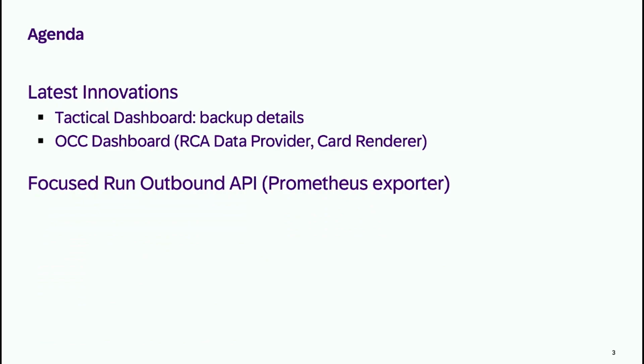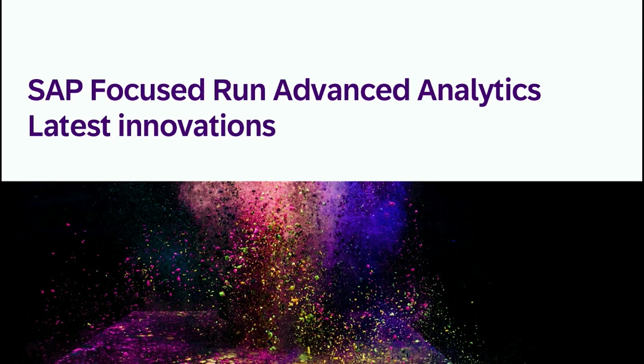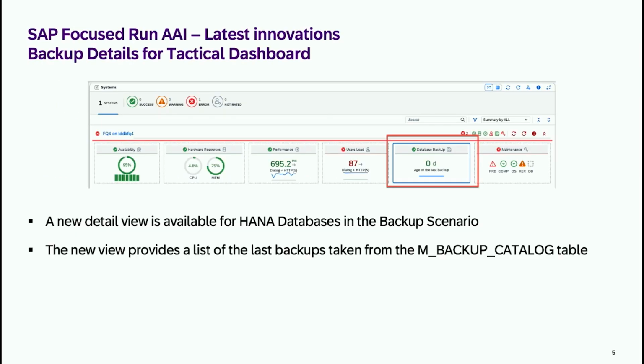Then we will discuss a little bit this Prometheus Exporter, some details about this API for Focused Run. And then a couple of upcoming functionalities, the OCC series renaming, and the new Advanced Integration Monitoring data provider. Okay, so let's start from the beginning, latest innovation.